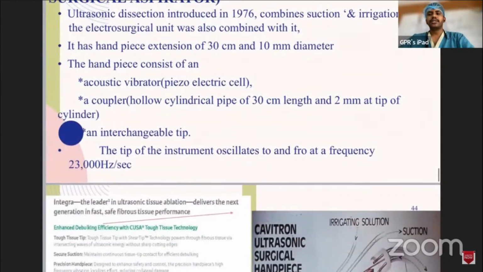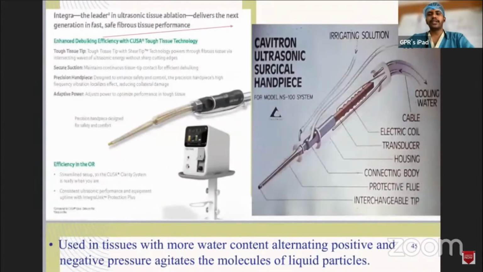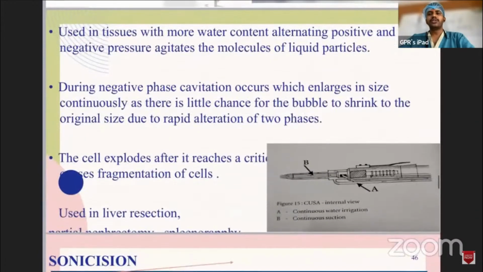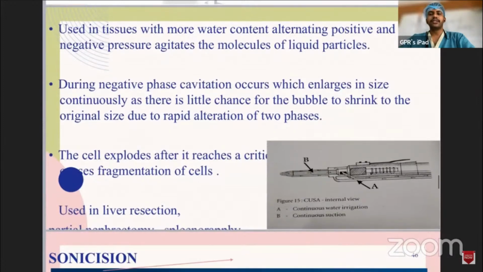So the CUSA has its own advantage, stating that it will cut the tissue as well as irrigate the field, and it can also aspirate the contents. It is used in places where there is more water content, with alternating positive and negative pressure that agitates the molecules of the liquid particles.